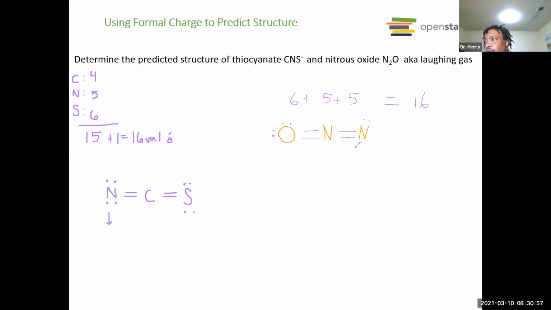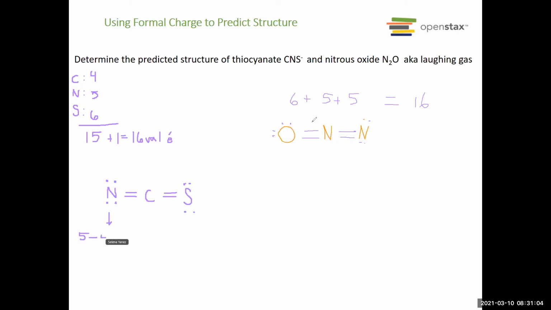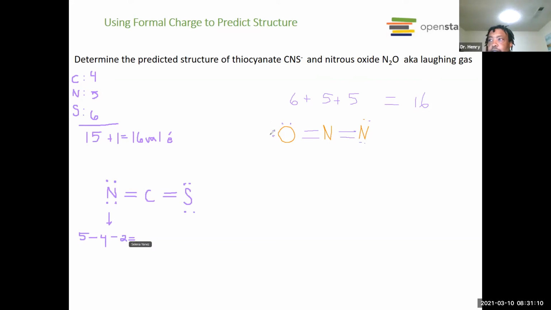So how many do I have around this nitrogen? 8. This nitrogen? 8. And this? 8. Oxygen. Okay, piece of cake?